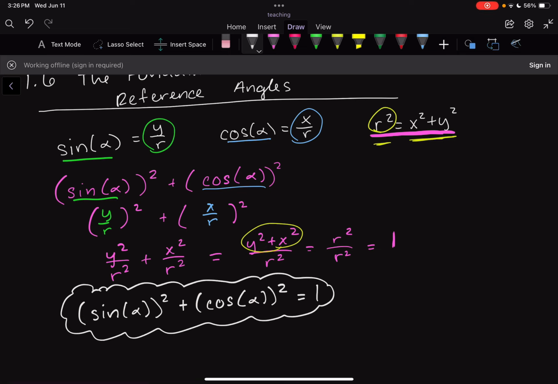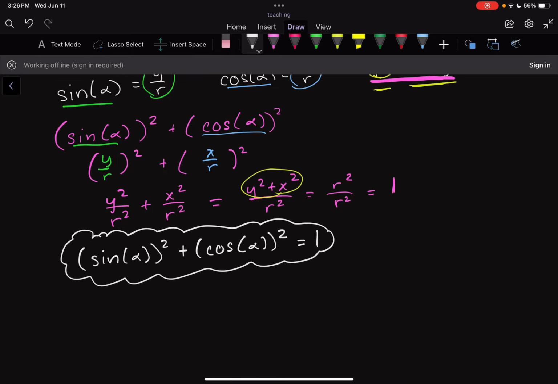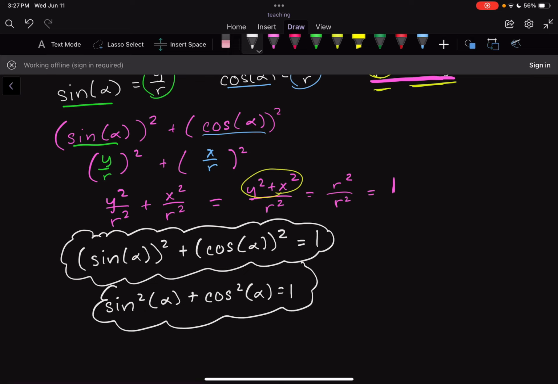Now a point here about notation. Another common way to see this written is sine squared plus cosine squared equals 1. This is really your more common way to see it, is this one down here. But I really want to make a point to tell you that this is not the same as saying sine of an angle like this.